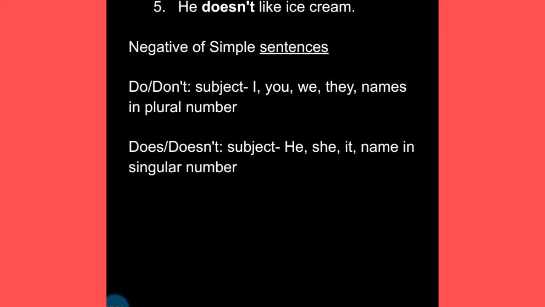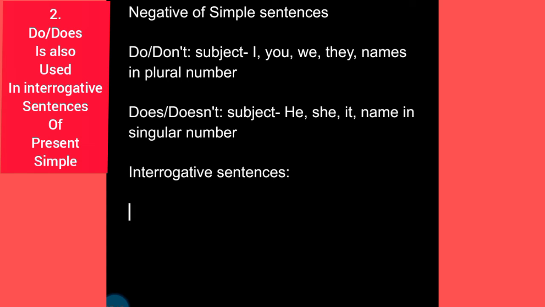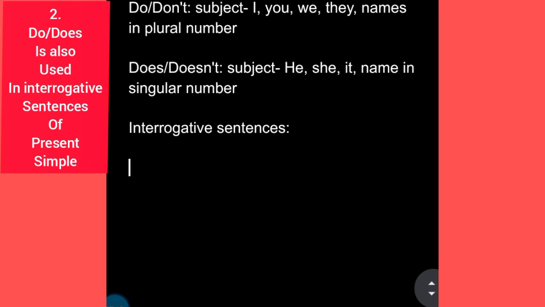Now there is another type of sentence also, that is interrogative sentences, where we make proper use of do and does. For example, do you know him? So this is a question, isn't it?